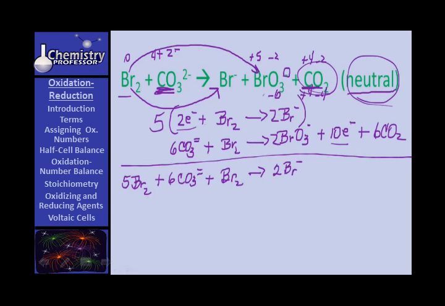Oh, no. That's not 2 bromide ions. I forgot to multiply it. It's going to produce 5 times 2 is 10 bromide ions plus 2 bromates plus 6 carbon dioxides. All right, let's go through and do it algebraically. 5 bromines here and 1 bromine here is going to make 6 bromines.